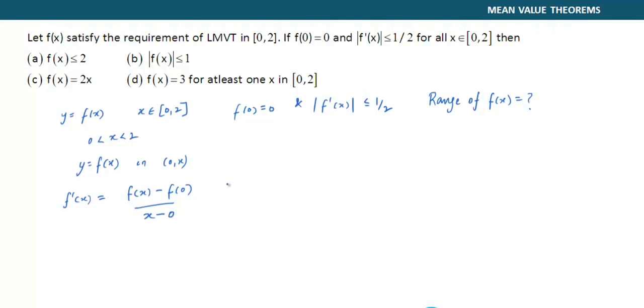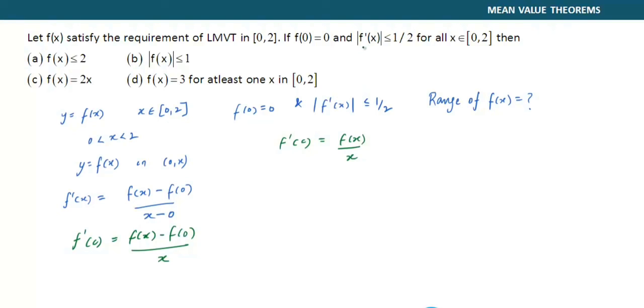Whatever the c value would be, there will be a value c like this. I have no objections here, right? This is x. We know that f0 is 0. So if I solve this, it becomes f dash c is equal to fx by x. Now what else is given to us?